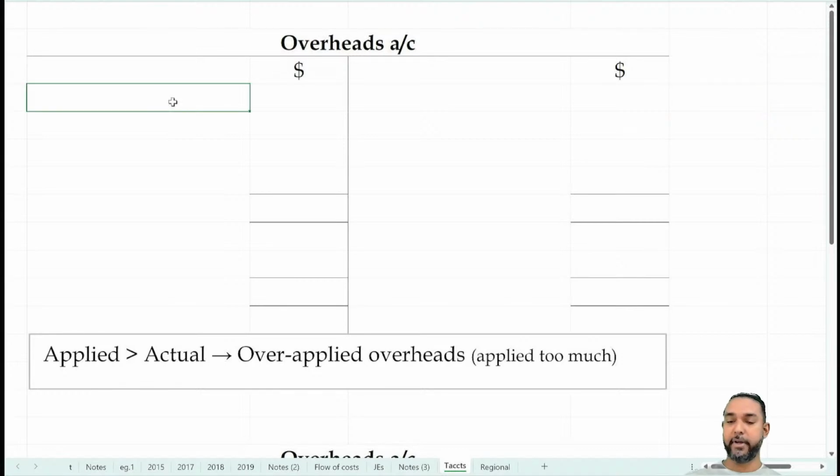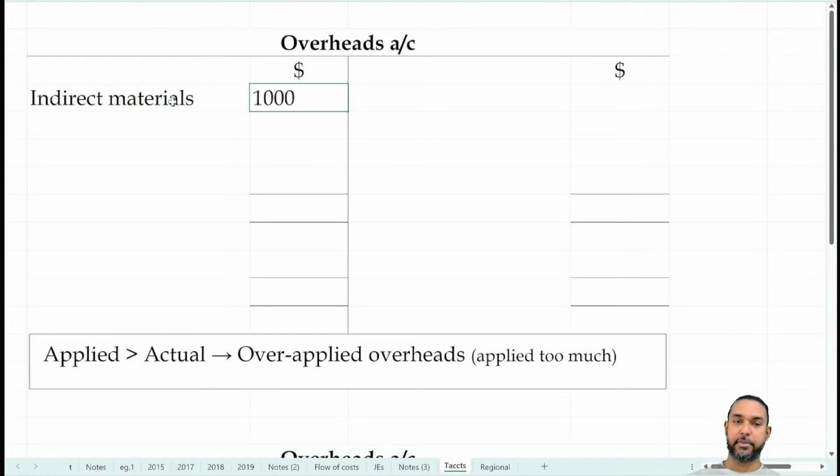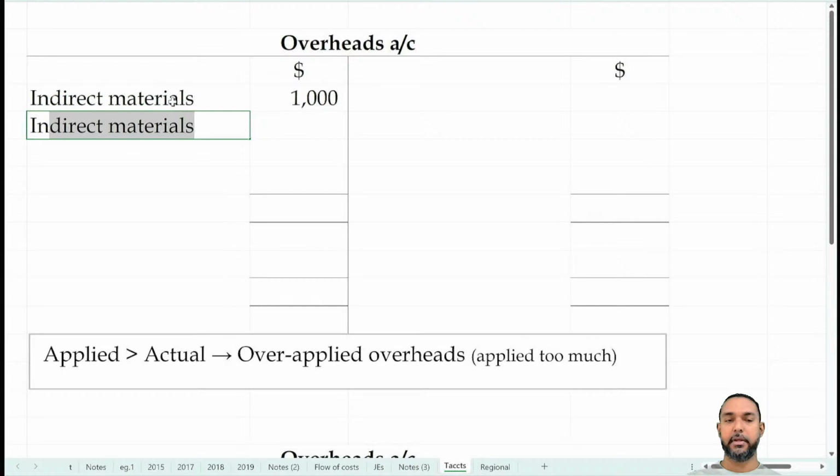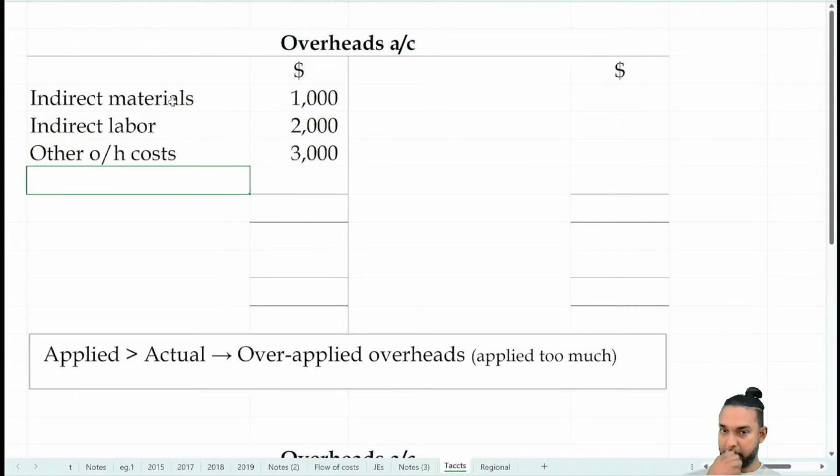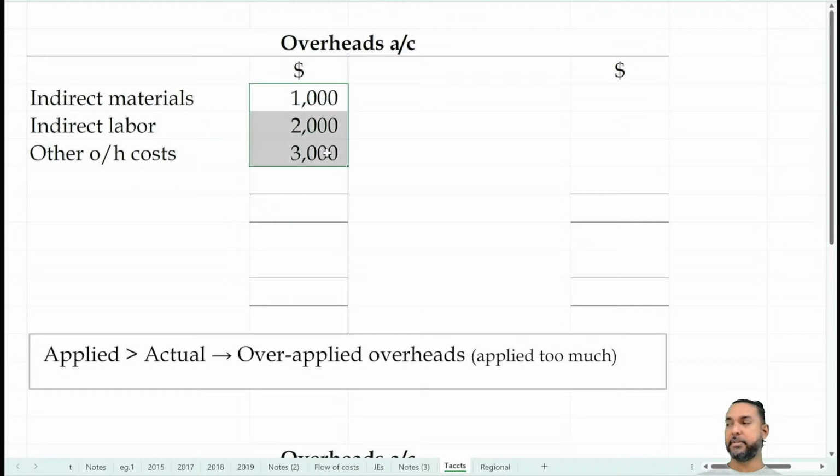As we know, with the overheads we could have indirect materials. Let's make some easy figures: 1,000 there. Indirect labor, let's put it as 2,000. Other overhead costs 3,000. So we have a total here of 6,000.